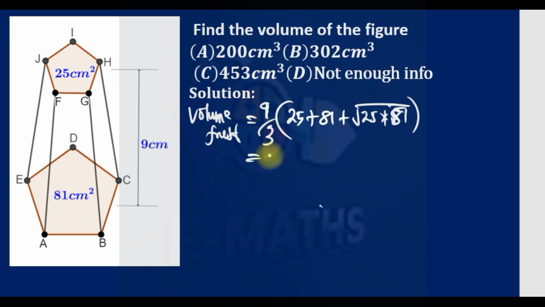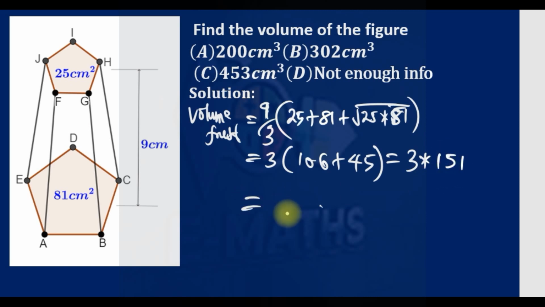So this is 3 times, this is 106 plus 5 times 9 is 45. So this is 3 times 151. So the answer is 453. So the answer is option C.